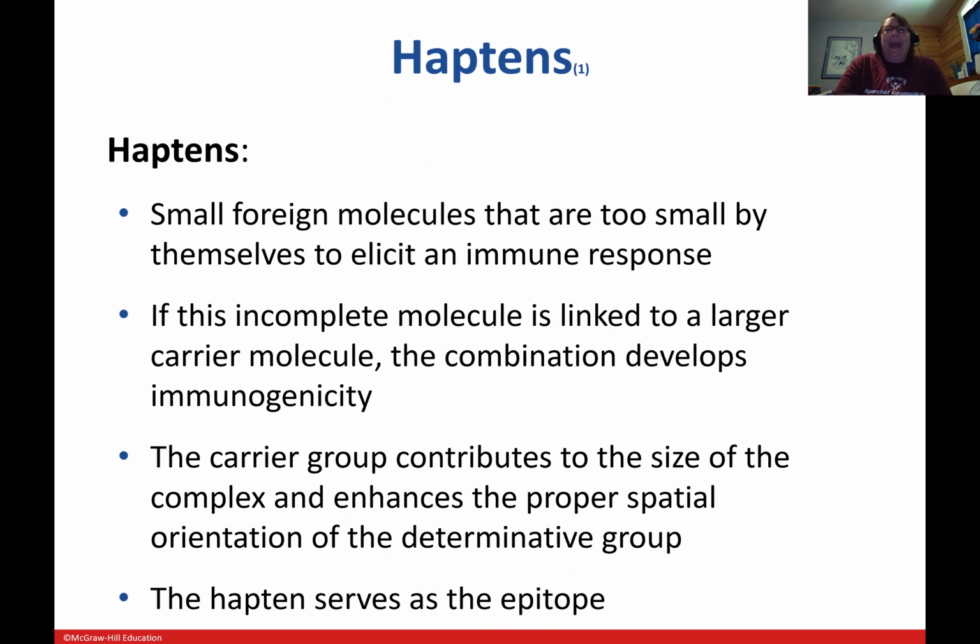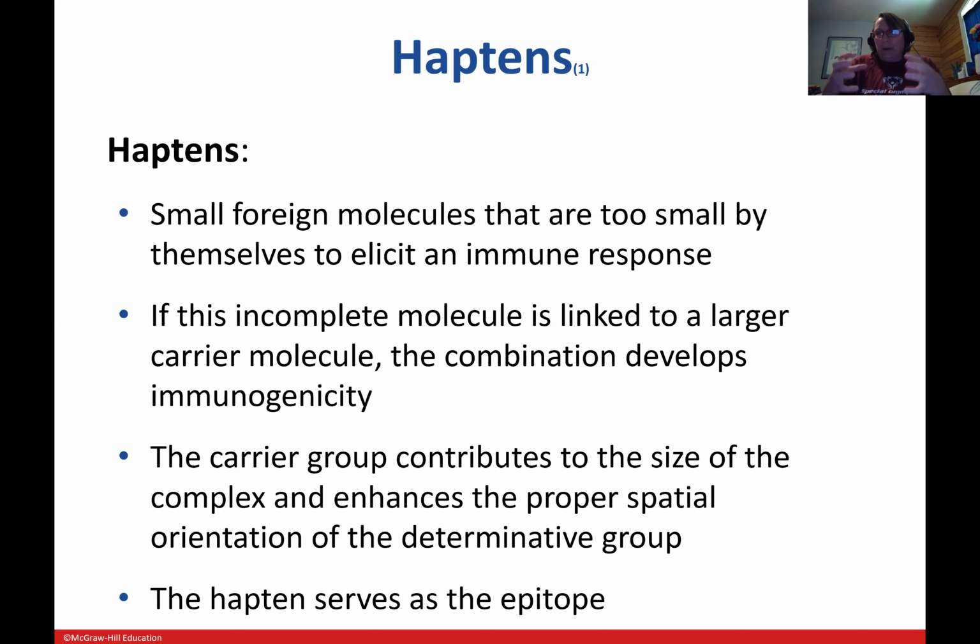Okay, haptens are things that are immunogenic, but by themselves, they're not quite big enough to elicit the proper immune response. So if that incomplete or too small molecule is attached to something bigger, typically referred to as a carrier, that's enough to put it over the top and make it immunogenic. The carrier itself does not elicit an immune response, it just increases the size.